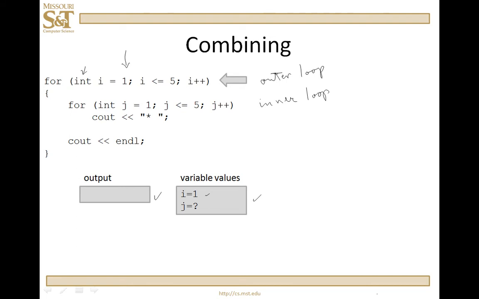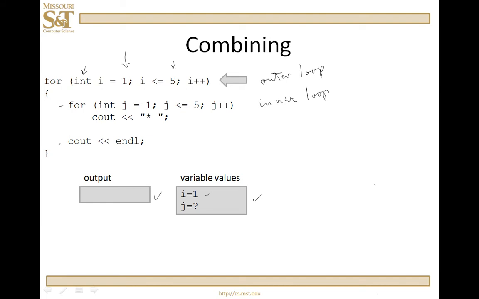That's the very first thing that's executed. And we're going to run through this loop, this outer loop, 5 times. Now, for each time, I'm going to do the inner loop, and then I'm going to output an endl, which is going to bring my cursor back to the beginning of the next line.